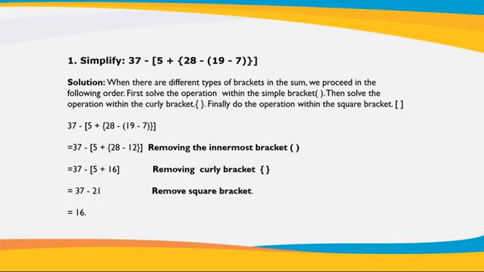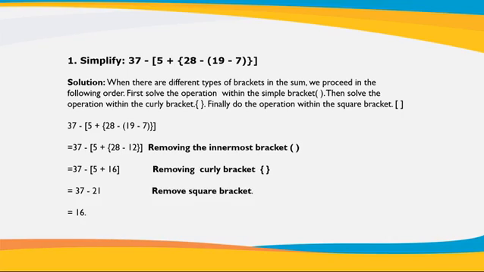Look at the number inside the round bracket. It is 19 minus 7. So 19 minus 7 is 12. So in the first step, you will write the number as shown over here. Write the other numbers as it is given in the question along with the brackets.